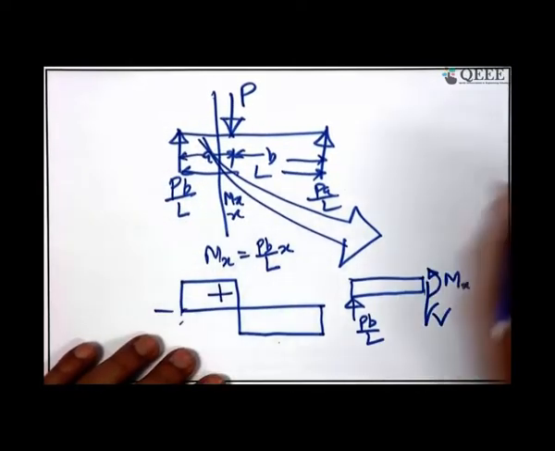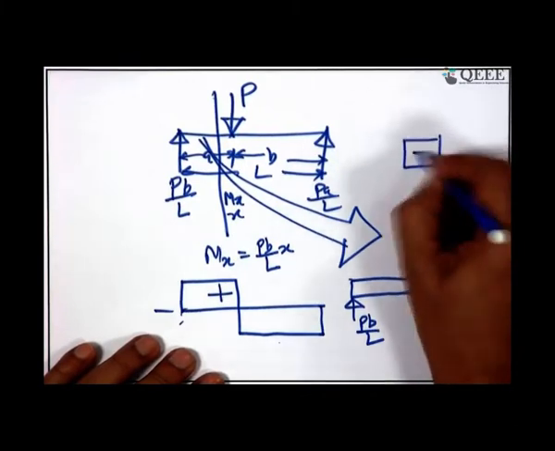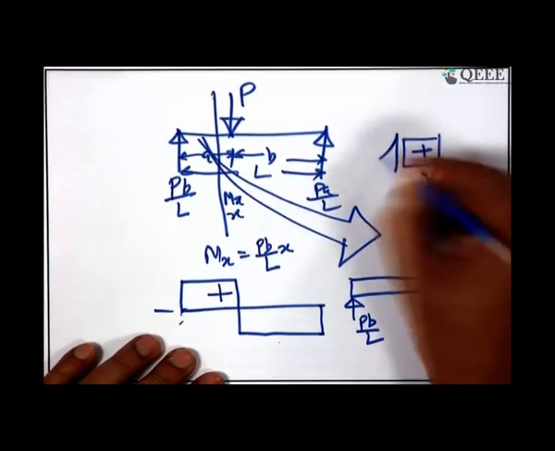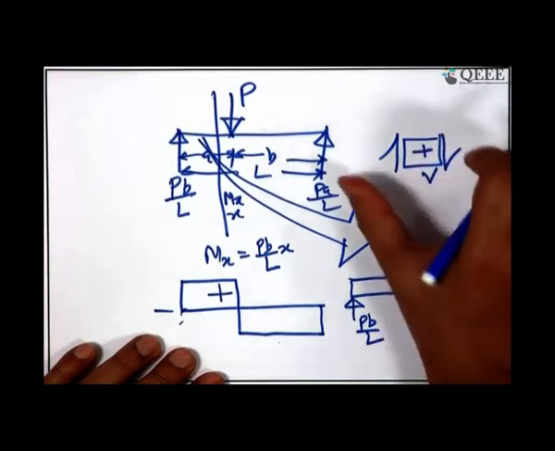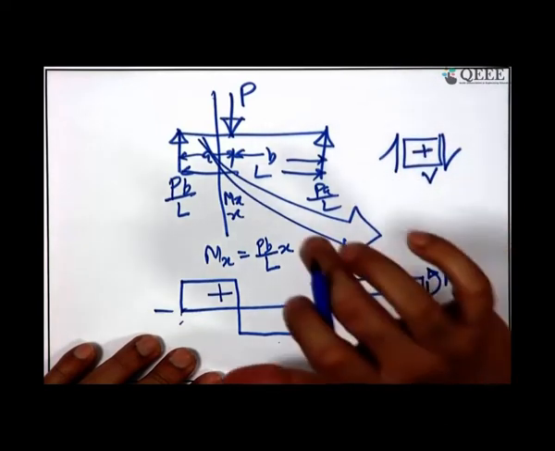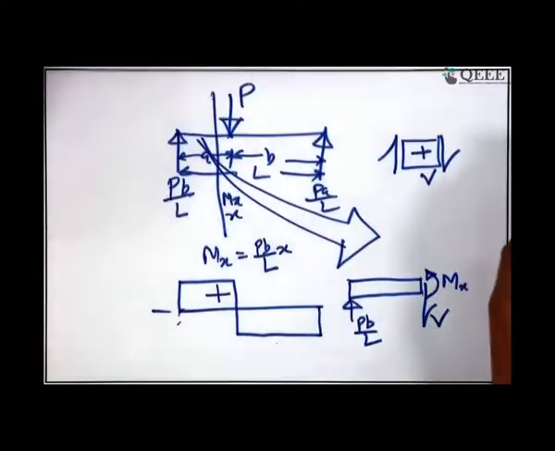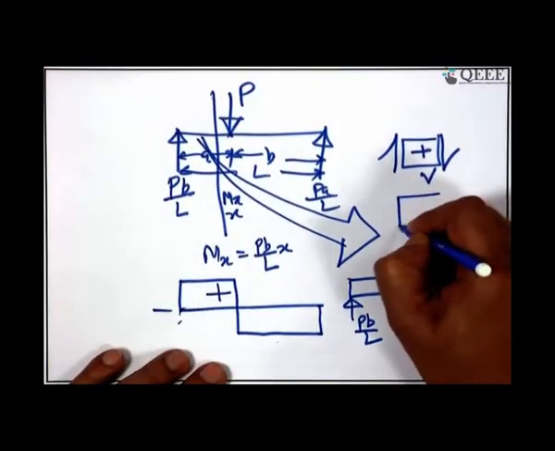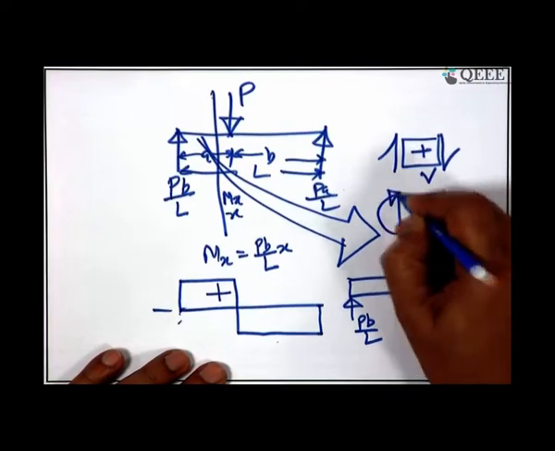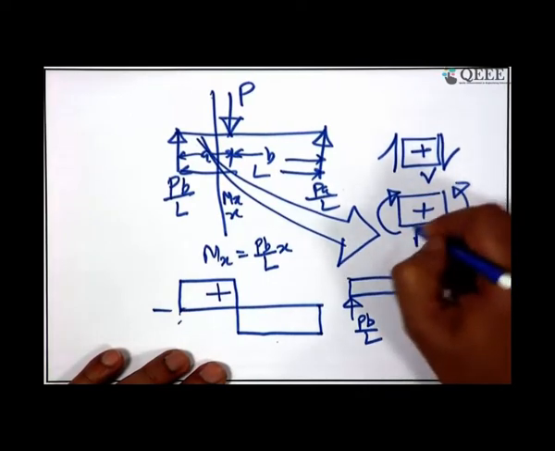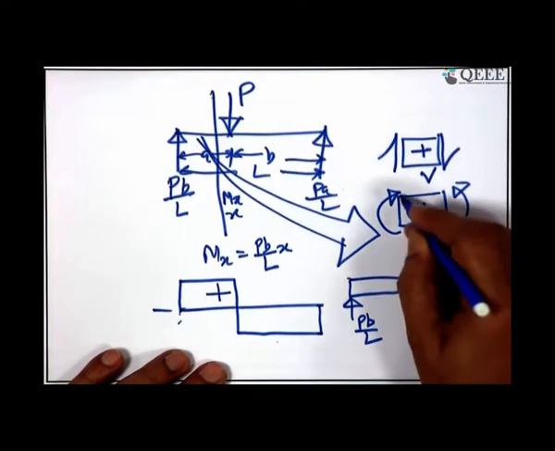That is why our sign convention is positive for the shear as left up, right down. It is arbitrarily chosen. It is opposite to what we have discussed for the 3D entities here, but it is very convenient for the students to assume that for bending moment I have the sagging positive, which bends it like this.